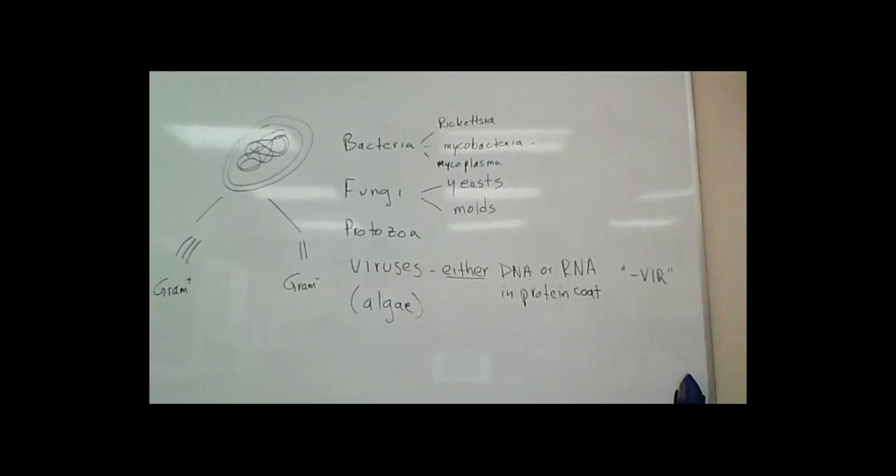We call these chain terminators, and they work that way. They stop the ability of the virus to replicate, suppressing the virus. The only way to truly kill a virus is to kill the cell, which is not very good for the patient.